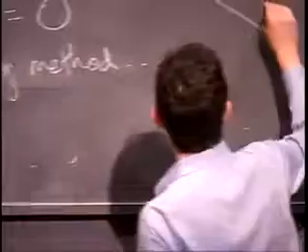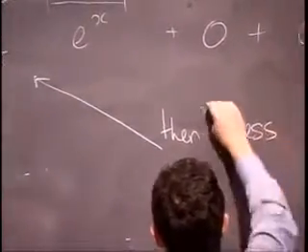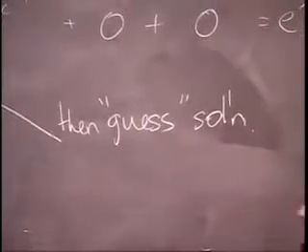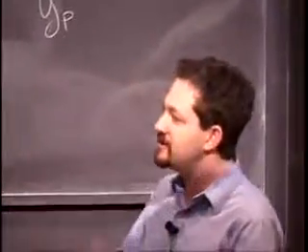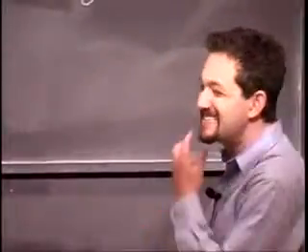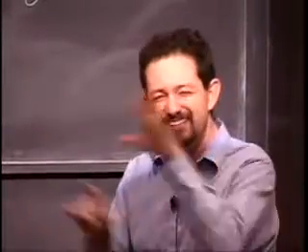Then you have to guess a solution. And I'll talk more about that very, very soon. But I'm going to call this YP. And somehow I have to do a sort of futzing around to get the constants right, just like I did in the previous example, to get that minus 1/20th. I kind of had to guess and then plug it in and then adjust.